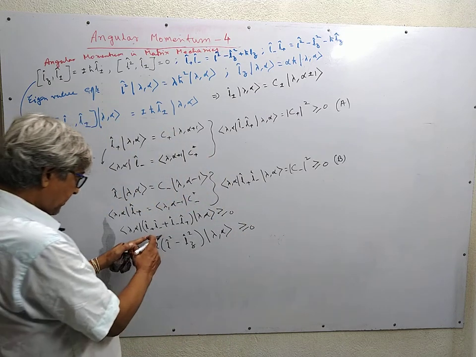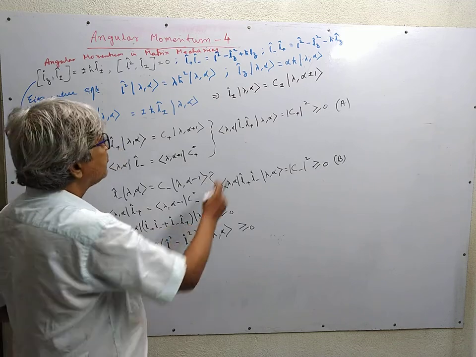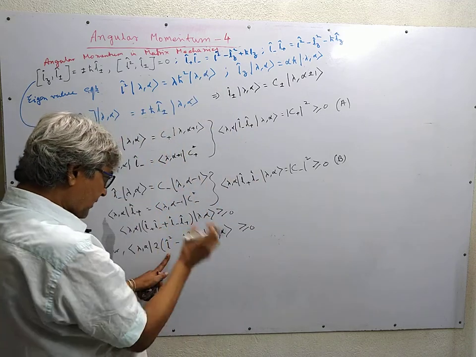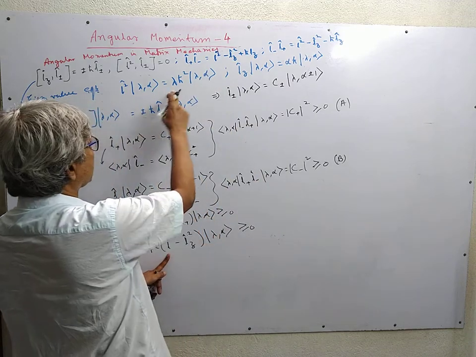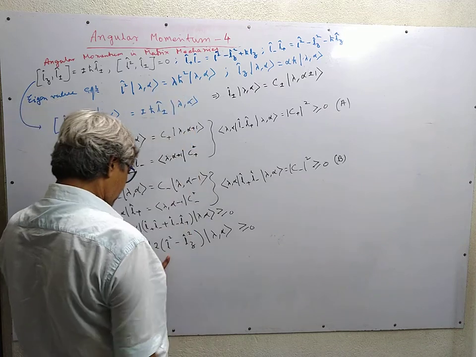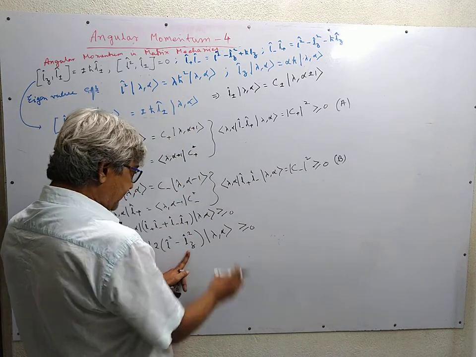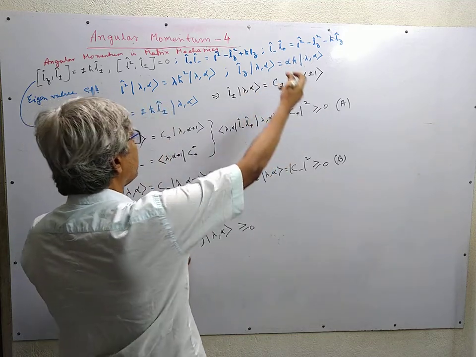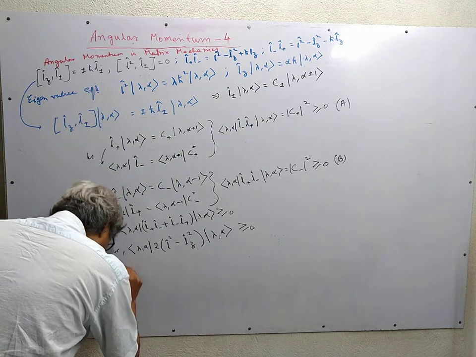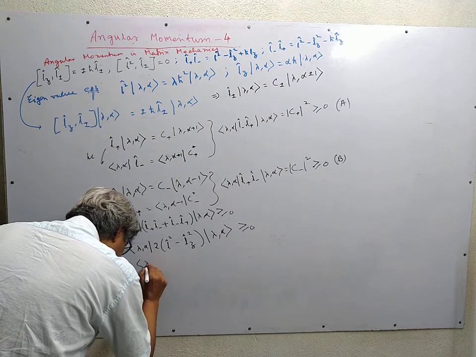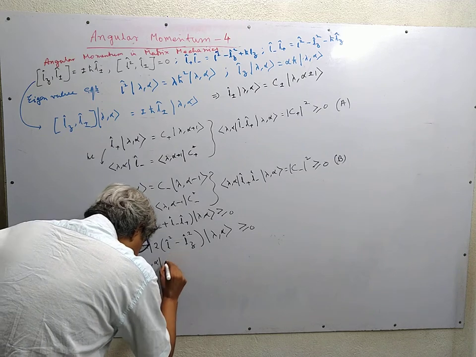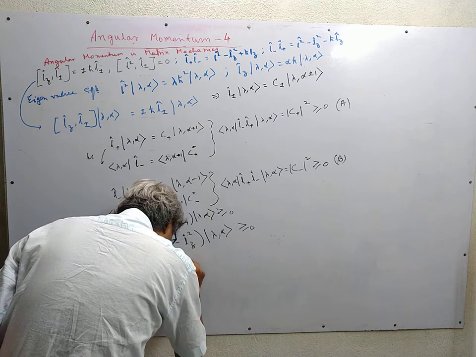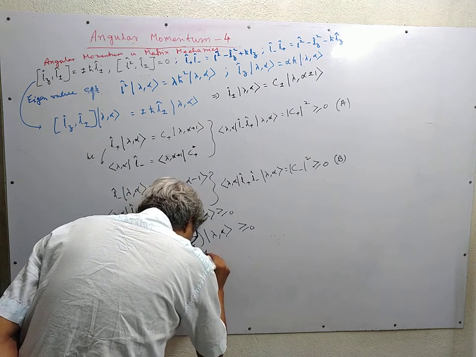So we replaced L plus L minus plus this by adding these two terms. When L square operates on this, as per this eigenvalue equation, we get lambda H line square. And when Lz operates on this, first time we get alpha H cross, and when it operates once more, we get alpha square H line square. So from here we get 2 times lambda H line square minus alpha square H line square.